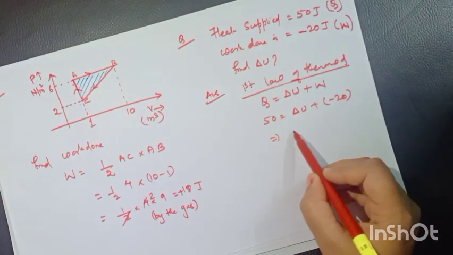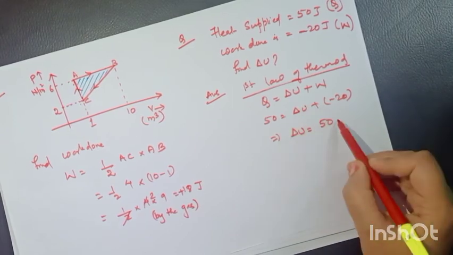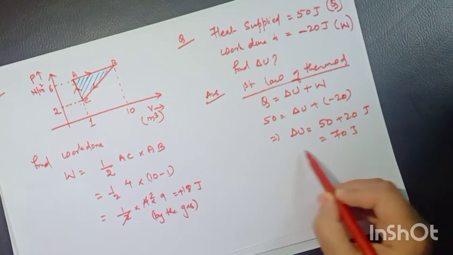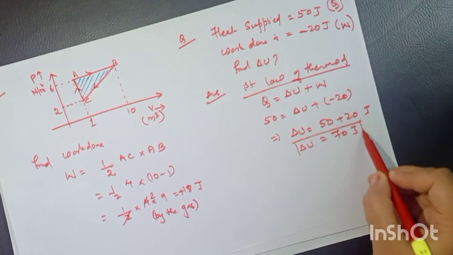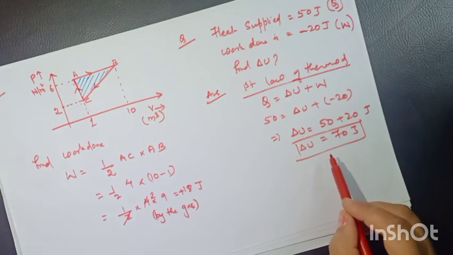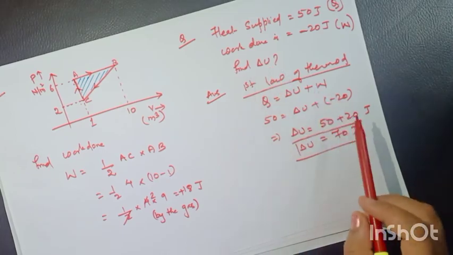So the energy of the gas will increase, that is 50, the minus goes to that side, becomes plus, that is 70 joules of energy will be stored by the gas, or there will be an increase in internal energy of the gas. So this is how we apply the first law of thermodynamics in the questions.